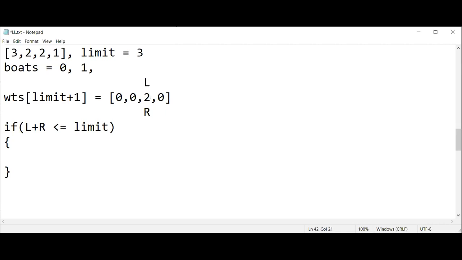Now in this case we have 2, and the index is also 2, but 2 times 2 will be 4, so it is going to cross the limit. In that case we know it needs 2 boards here. So we have to divide this number by 2 and also mod this number.